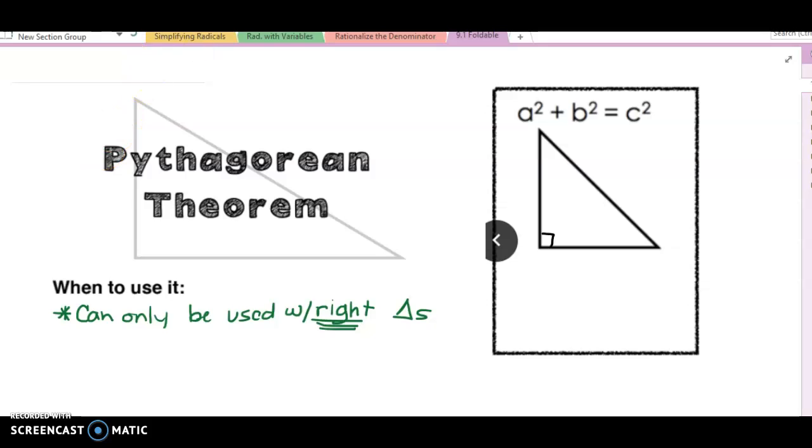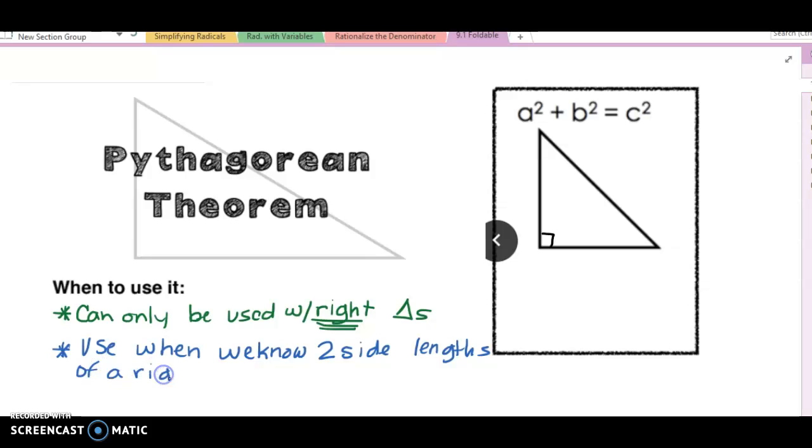And not only can we only use it with right angles, we use it when we know two side lengths of a right triangle and want to know, or need to know, the third.